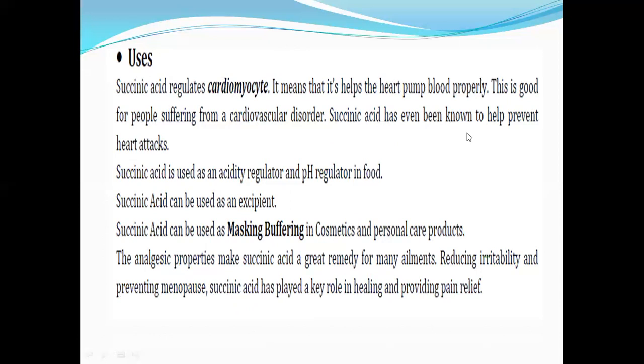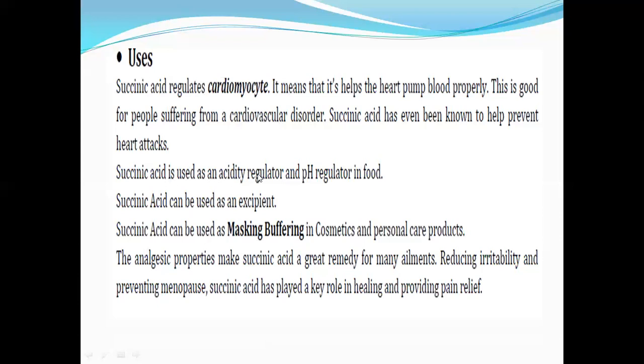This is good for people suffering from cardiovascular disorders. So succinic acid has its own use and application in the heart cell to pump the blood and supply it to the whole body properly. It is even known to help in the prevention of heart attacks. As it is involved in the pumping mechanism of the heart, it helps to prevent heart attacks.